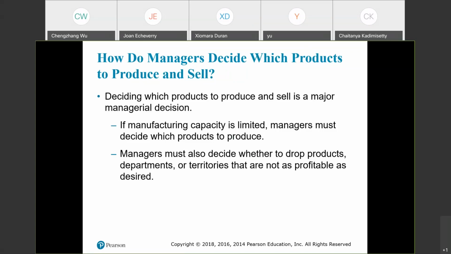I mean, if the storage, the shelf space is limited in the store, then the managers must decide which products to display and sell. Also, the managers must decide whether to drop some products or departments that are not as profitable as desired.